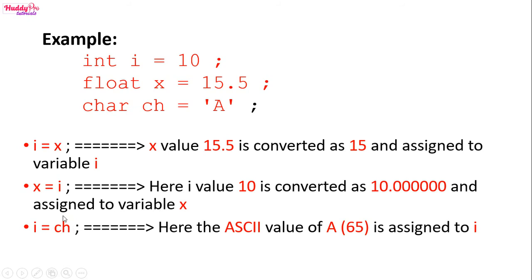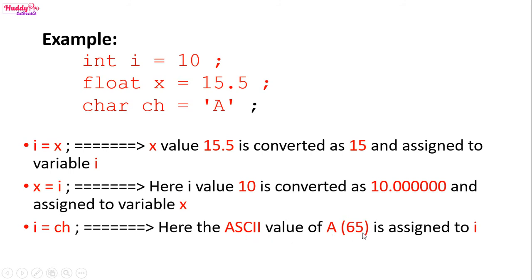Now if I is assigned ch, ch is char, a character, which is a. Now if we assign a to I, which is an integer, the ASCII value is used. ASCII is American Standard Code for Information Interchange, where each value on the keyboard has its equivalent ASCII value.